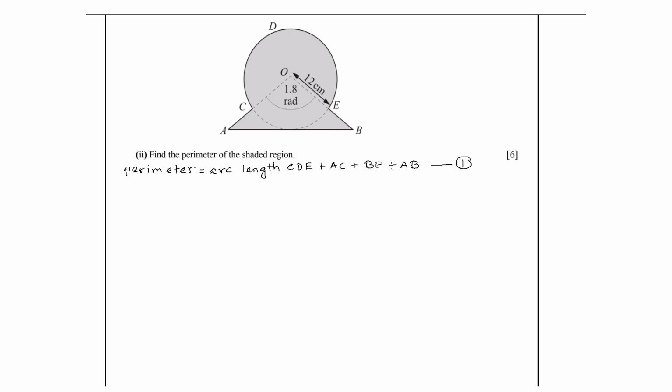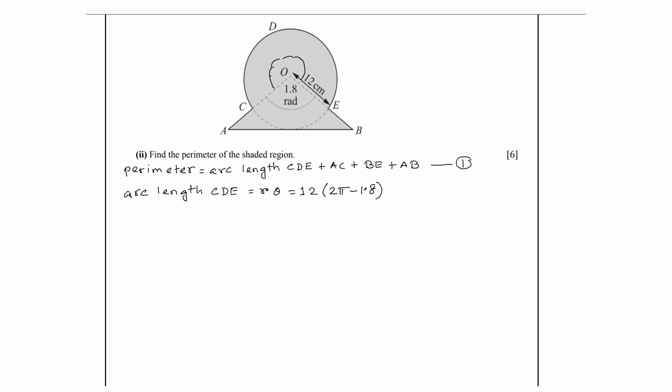At first, let's deal with arc length CDE. So arc length CDE, according to the formula of arc length, we can write r theta. Here r is 12, so let's write 12, and theta is 2 pi minus 1.8 radians.